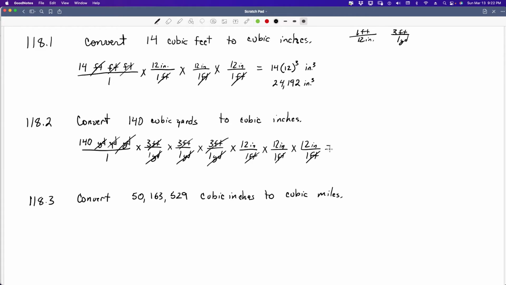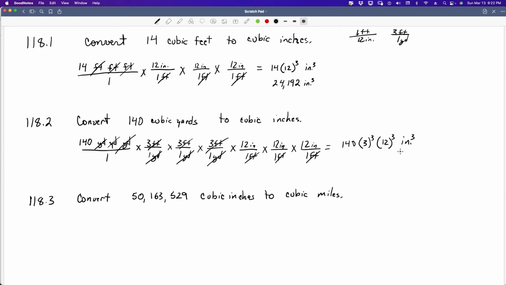Now we are left with 140 times 3 cubed times 12 cubed in inches cubed, because we have inches 3 times.